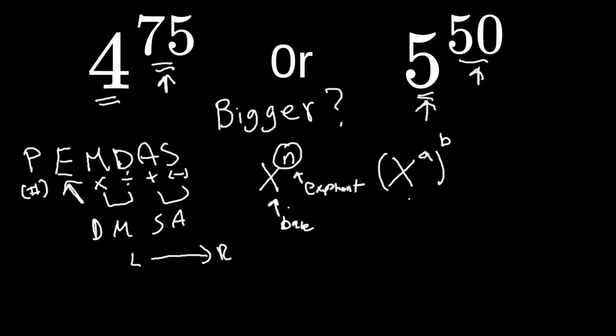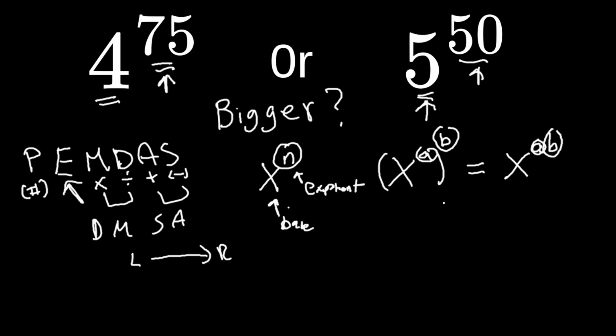It says that (x raised to the a power) raised to the b power is equal to x to the a times b. What does that mean? It simply means that these two exponents here should be the same.